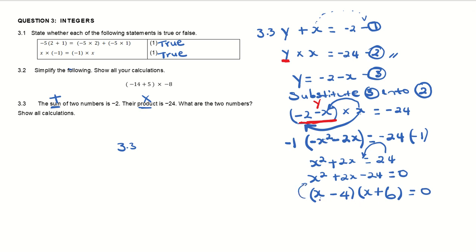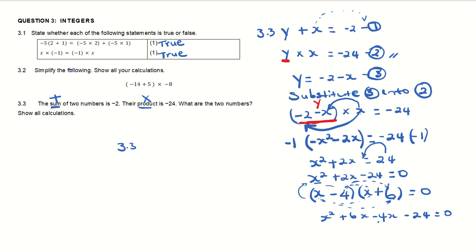If you do your multiplication, x multiplying x is x squared, x multiplying 6 will be positive 6x, minus 4 multiplying x will be minus 4x, minus 4 multiplying 6 will be minus 24.